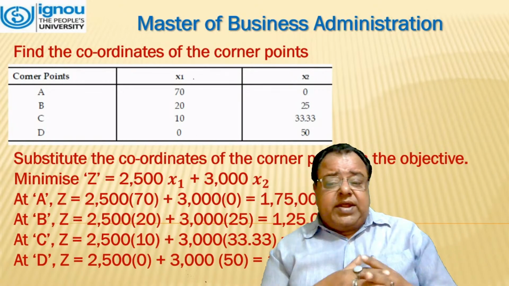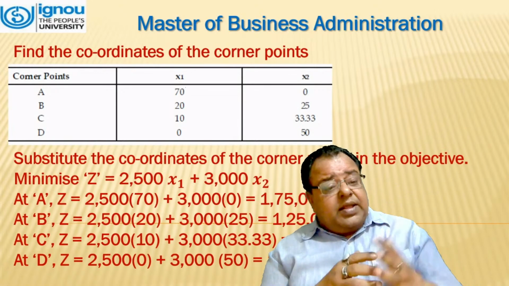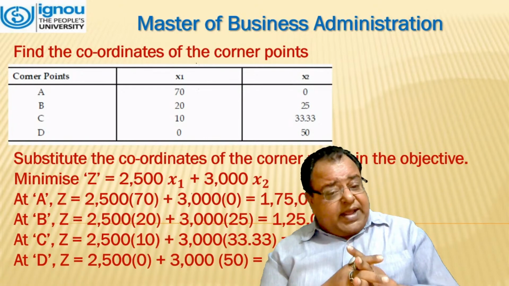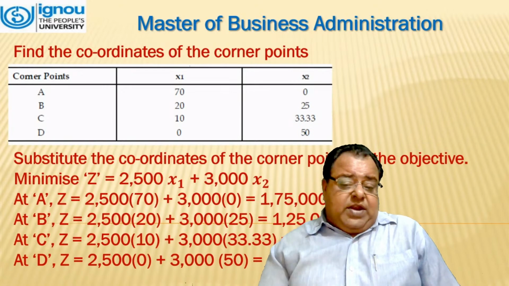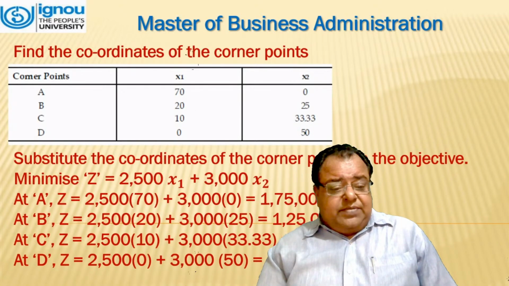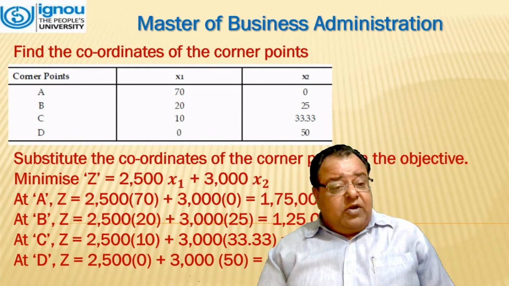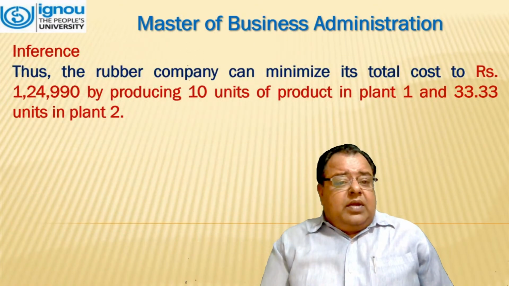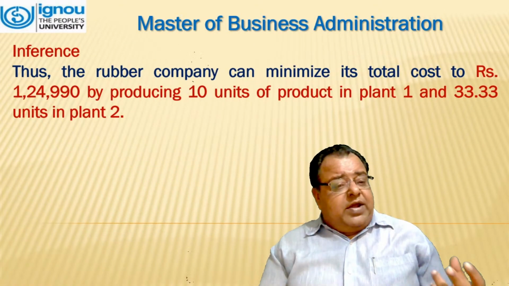We will be substituting these values in the minimization equation, which is Z equal to 2,500 x1 plus 3,000 x2. So we are going to get 4 values. We can see that we have to minimize, so that means it comes out to be 1,24,990 for C, that is 10,33.3. That is our conclusion.